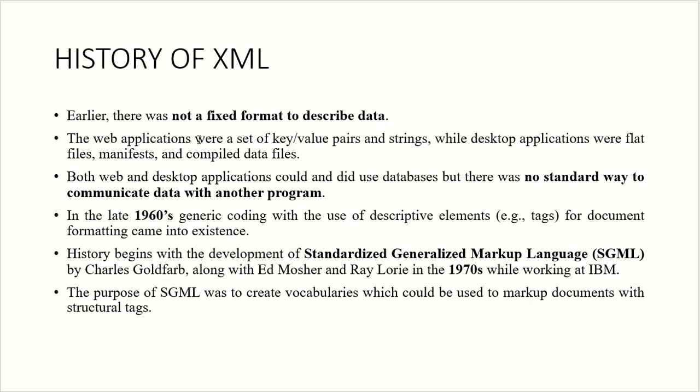Web applications were simple key values or strings, and desktop applications were just flat files, manifests, or compiled data files. There was no standard way to communicate the data with another program. All right, so first of all, in the 1970s, SGML was discovered. SGML was used to create vocabularies.